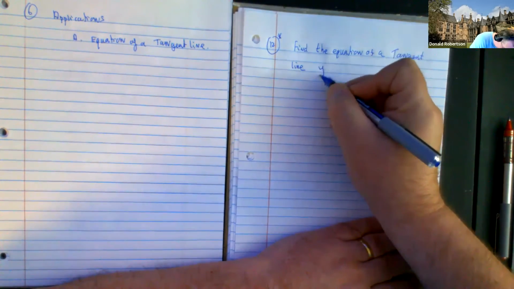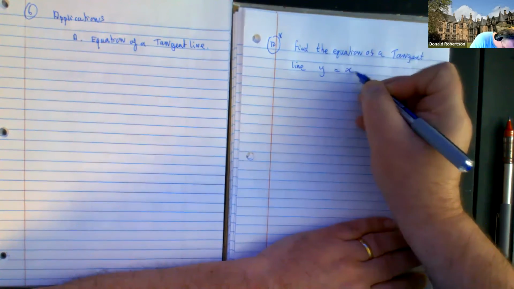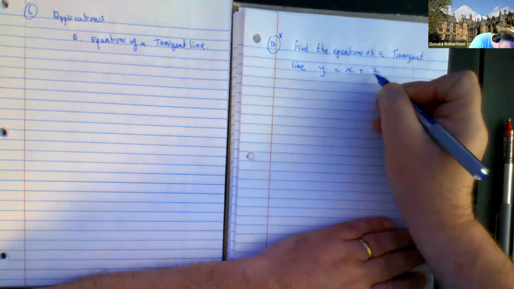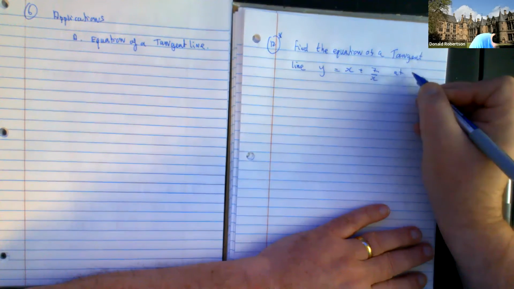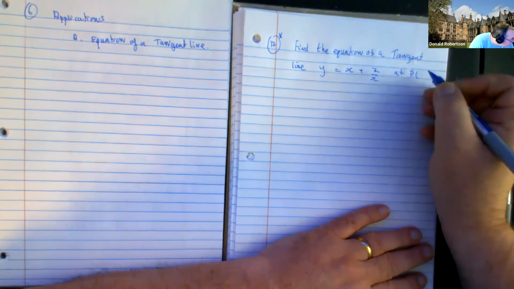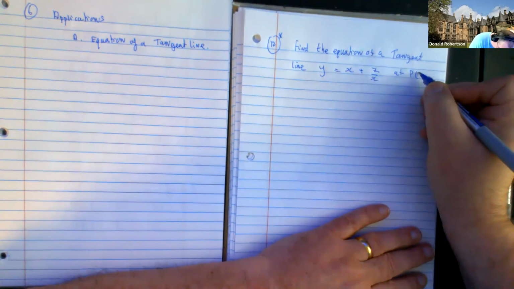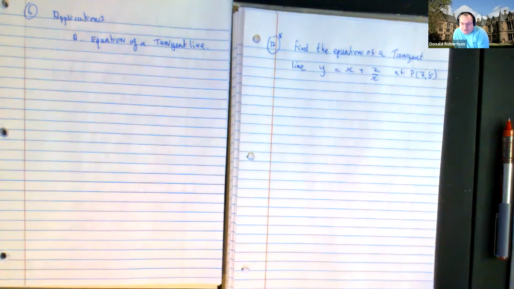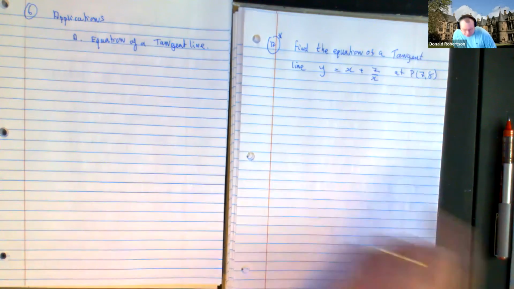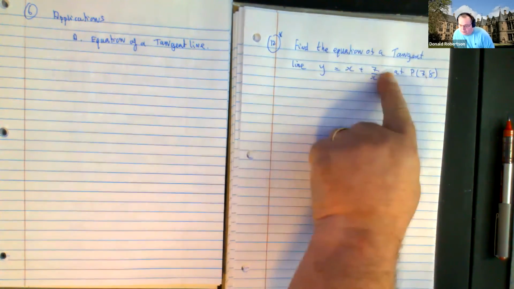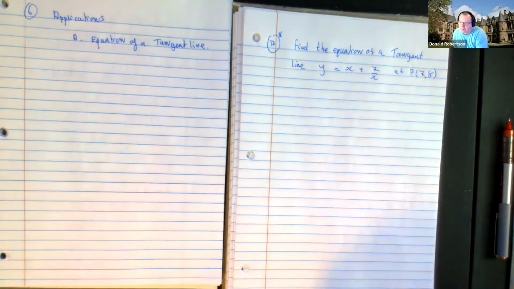And there will be a curve, in this case, x plus 7 over x. And at some point, in this case, 7, 8. So the standard question is, find the equation of a tangent line, insert function here, at insert coordinates of point here, right?